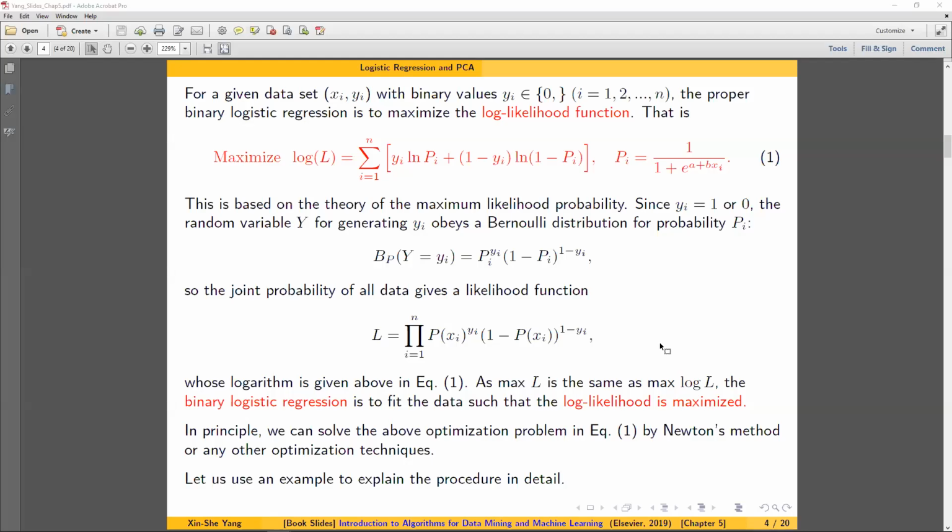One second. Okay, so again, this is a log likelihood function.